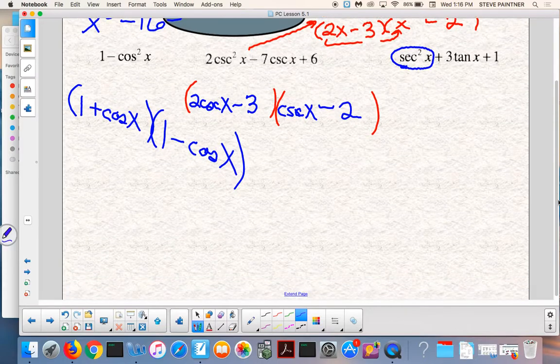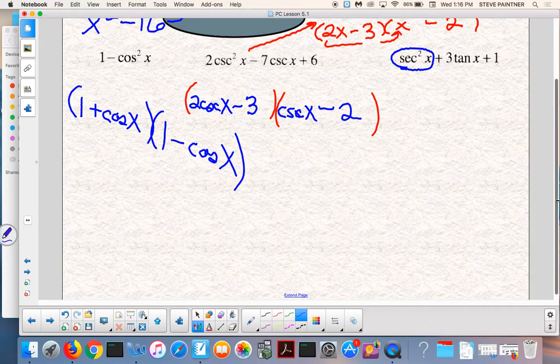Secant squared is really tangent squared plus 1. Oh, well let's do that. Tangent squared plus 1 plus 3 tangent of x plus 1.